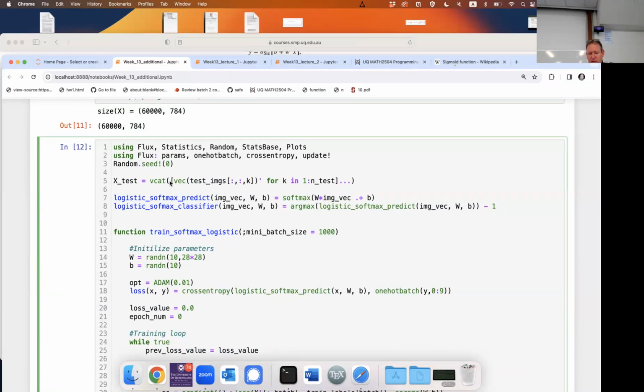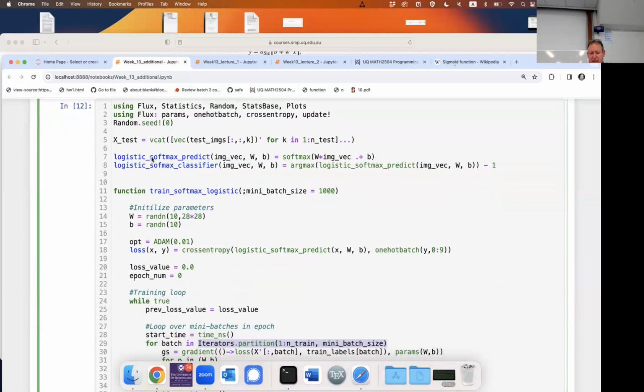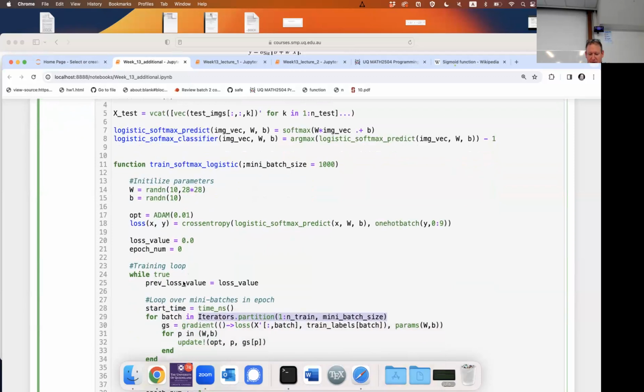Deep learning frameworks, the fact that we're using the deep learning framework Flux, the magic that's happening under the hood, again, is really in this gradient step. And the W and B, these are your parameters. These are your weights, W, your weight matrix and your bias vector, okay?